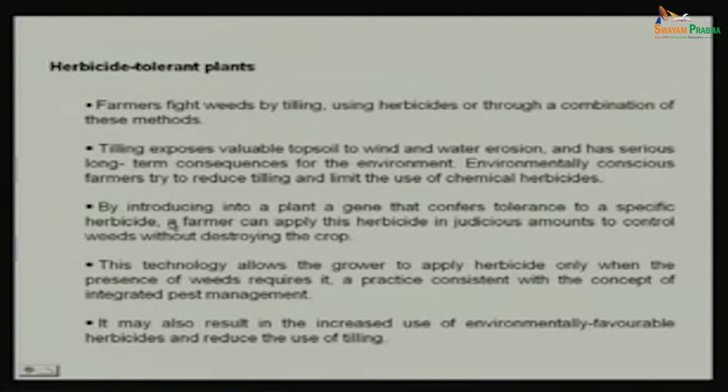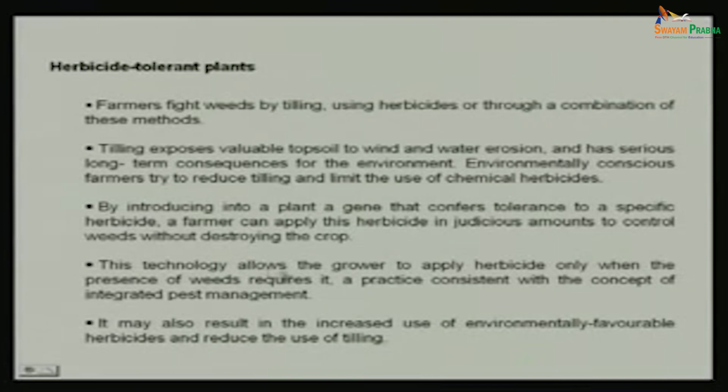What can be done? If the introduction of a gene to the plant that confers tolerance to a specific herbicide can be done, a farmer can apply this herbicide in judicious amounts to control the weeds without destroying the crop.